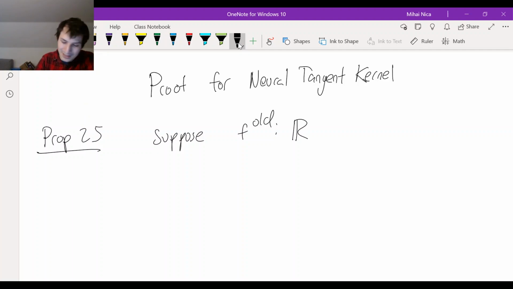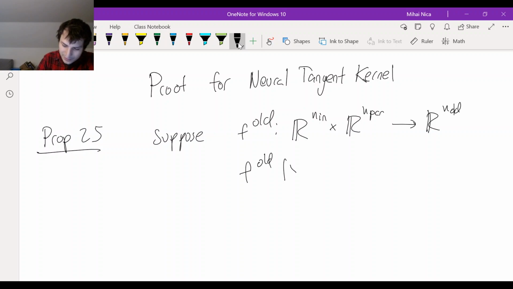So the functions are a little more complicated than they were before because there are inputs as well as parameters. Here we go. f old is going from R^(n_in) times the number of parameters to R^(n_old). So it's a function we write like this, f old of x, theta. Suppose this function obeys the following property.